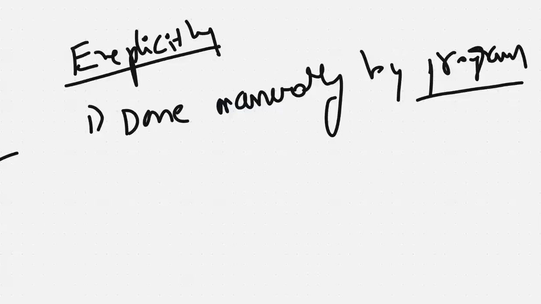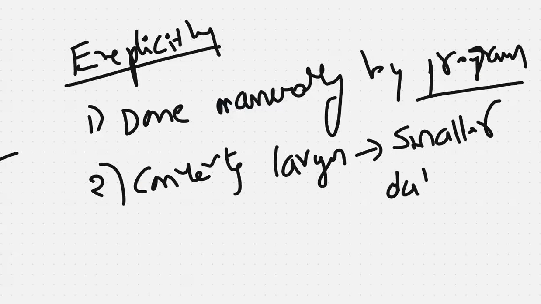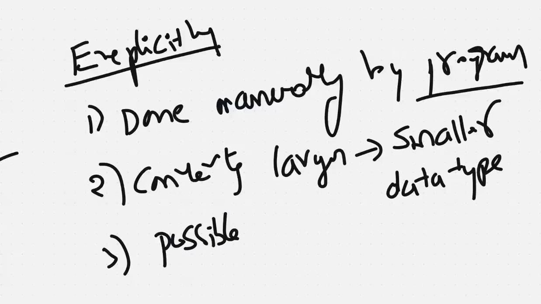Next, explicit conversion is the reverse: larger to smaller data types. Third, possible data loss.